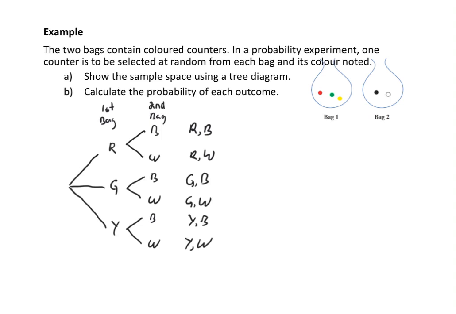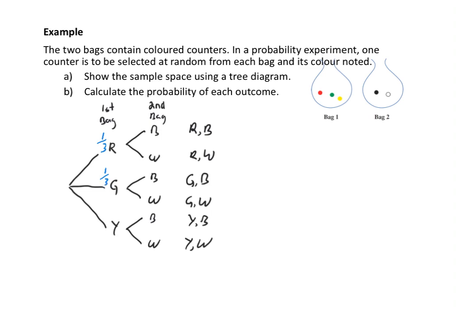So to calculate the probability of each outcome, I'm going to assign probabilities to each step in the tree diagram. So from the first bag, when I draw a red, a green, or a yellow, there's 3 options and each one is equally likely to occur. So the probability of drawing a red counter is 1 over 3. The probability of a green counter is 1 over 3.